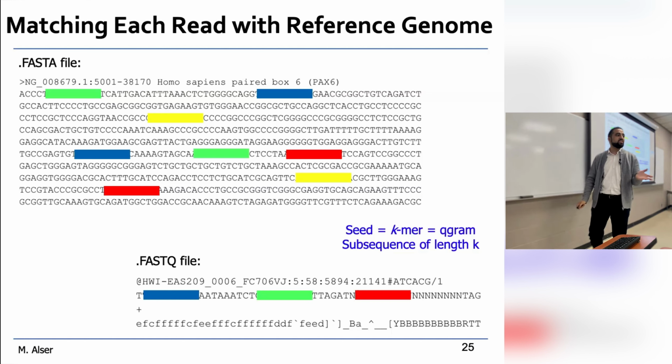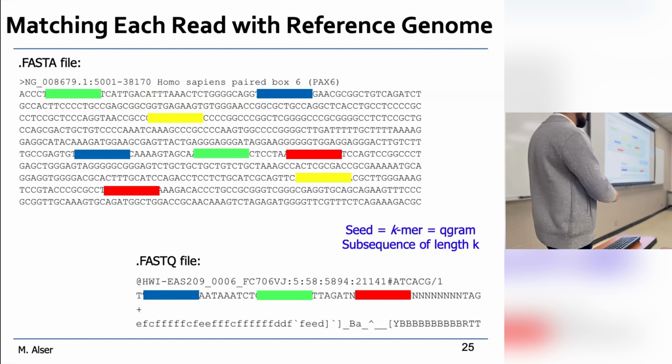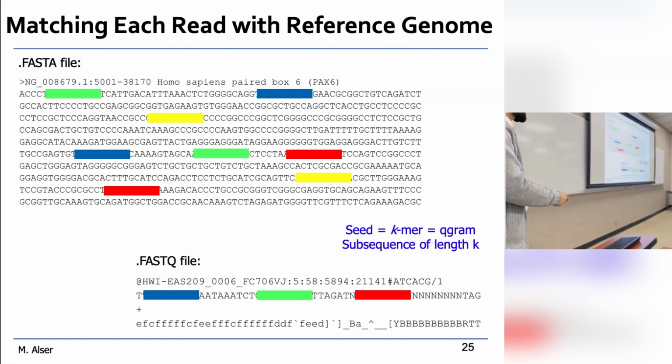But there are some papers that try to copy that term from natural language processing, NLP, all the way to genomics, okay? So that's why you might find this term in some papers as well. Now, k-mers: the k here is the length of this piece.